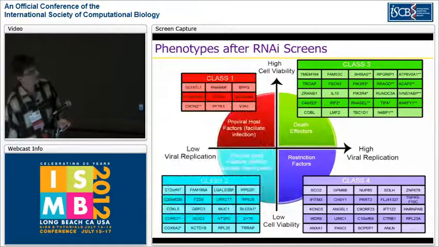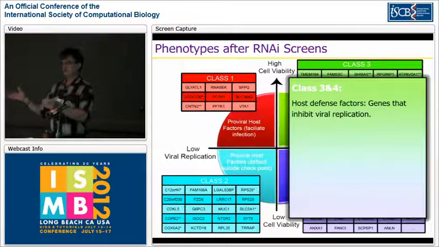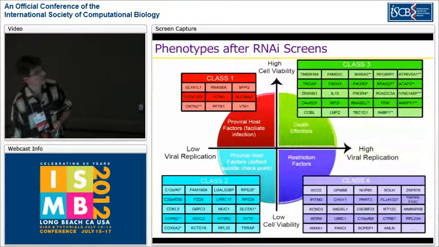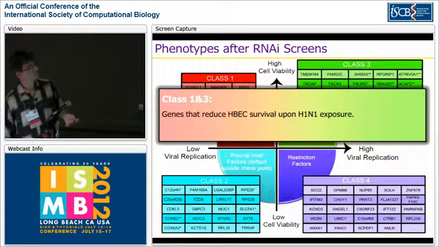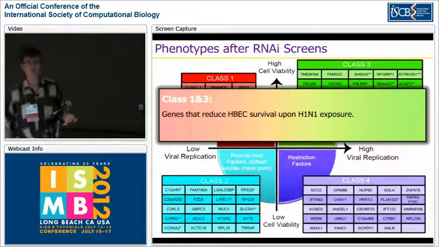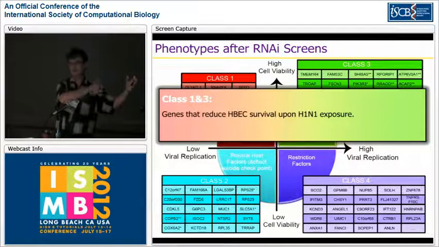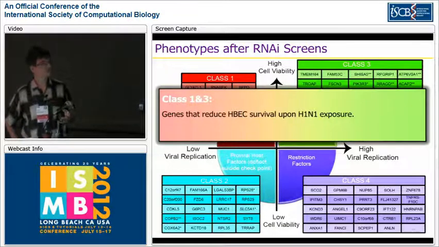On the other hand, here would be all the defense factors, the factors used by the host cell to defend itself against viral infection. These are the one dimension. The other dimension is these are the genes that would reduce the survival upon H1N1 exposure, meaning these are actually the genes that would go into apoptosis, meaning the host cell would utilize these genes to initiate cell death.